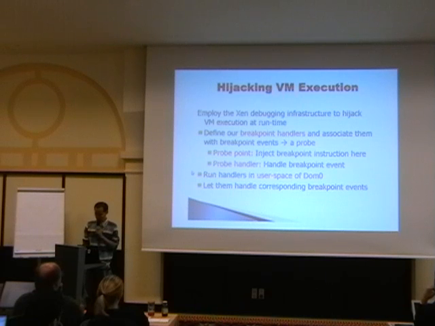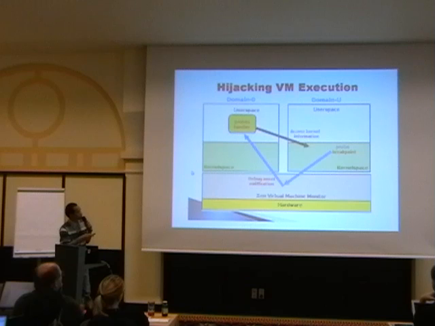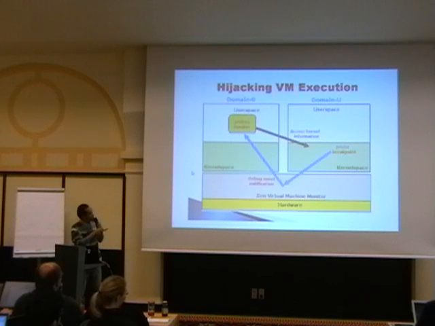The function is also called the probe handler. So I inject a probe into the kernel space of the virtual machine, and together with the breakpoint, you have a probe handler running in domain 0. Whenever the breakpoint is hit, as I explained in the last few slides, we switch back to the Xen hypervisor, and then the hypervisor notifies our probe handler inside user space of domain 0.